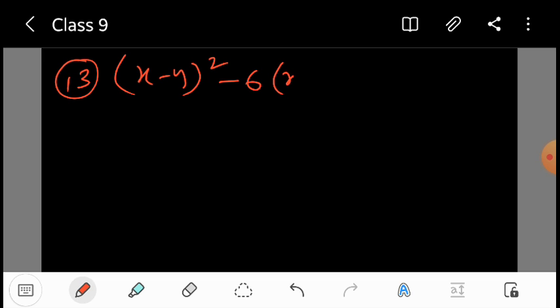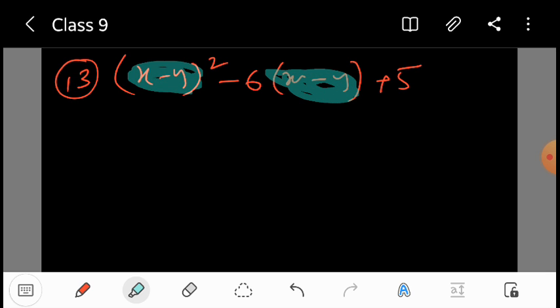Now some different type of problem we need to make. This is question number 13. That is given x minus y whole square minus 6 times x minus y plus 5. Now you can see that the middle term factor is possible here. You can see that this term and this term are the same actually.